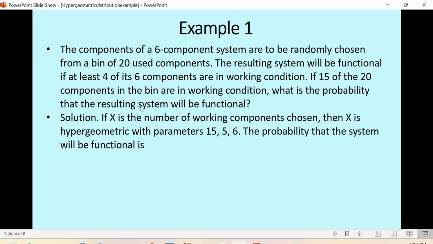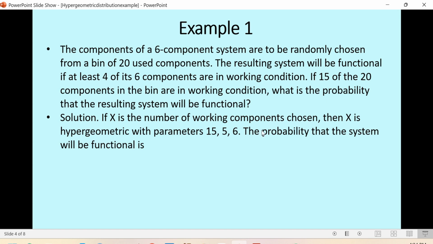So this is the case of hypergeometric, because we just select 6 from a total of 20, and of these 20, 15 are functional and the other 5 are not functional. For these selected 6 components, we want at least 4 functional, right?